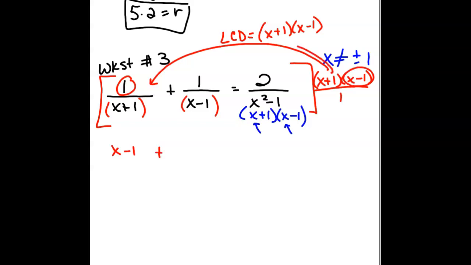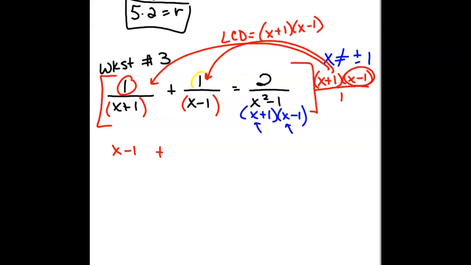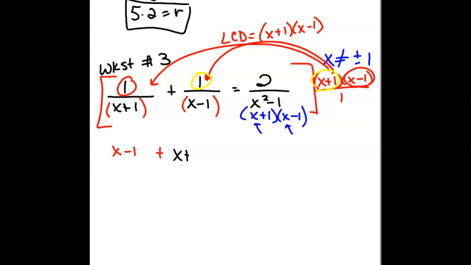When I distribute it to the second fraction, now the x minus 1s drop out, and I have the 1 times the x plus 1, which is just x plus 1. And when I distribute it to this last fraction, both the x plus 1s and the x minus 1s would drop out, leaving me with just this 2.